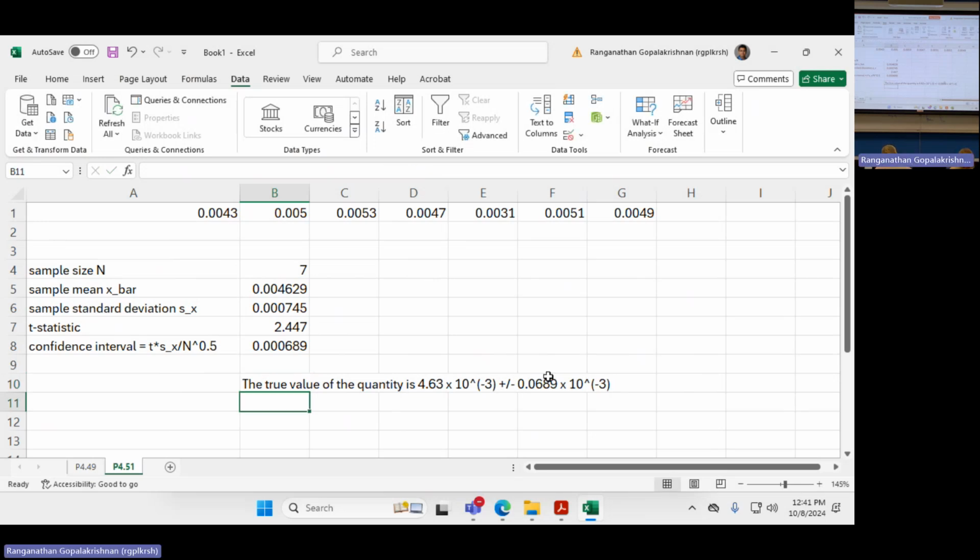If you just forget this exponent for 1 second, it's like 4.63 plus or minus 0.06.